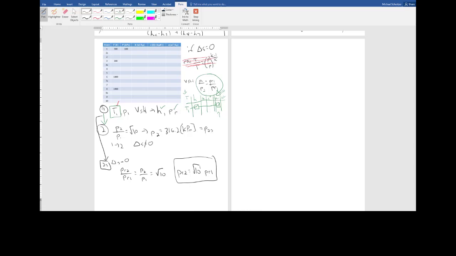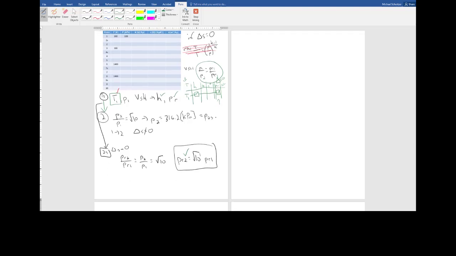So PR2 is equal to root 10 times PR1. And that gives me PR2, which is good because at any state, what I'm trying to find is either T or PR, at least if it's an ideal state. Those are the things that I'm looking for.